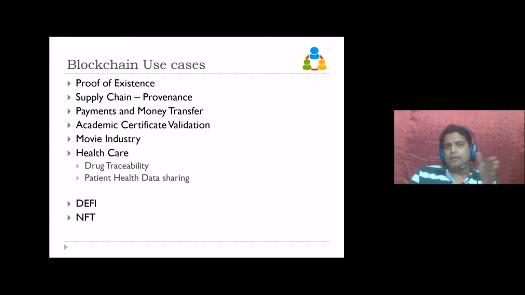I'll talk about some of the blockchain use cases which are popular currently. One such thing is proof of existence. If a person wants to say that they own something, or that this particular document was created by them, there are websites which help you do so.